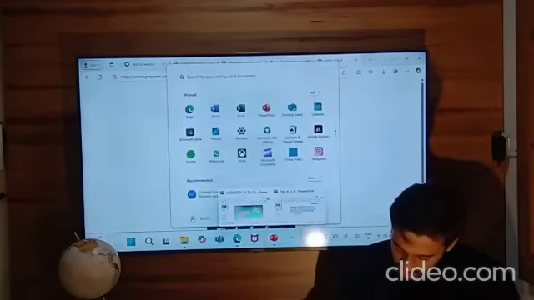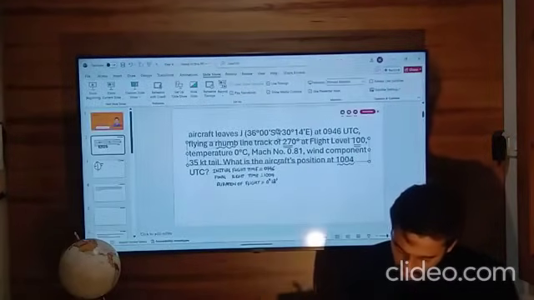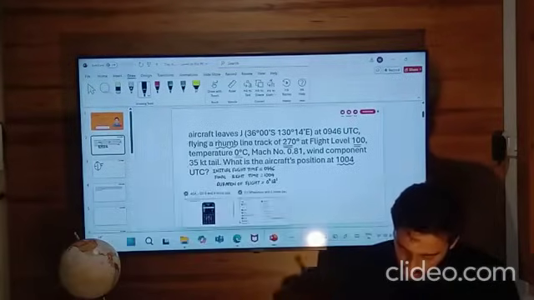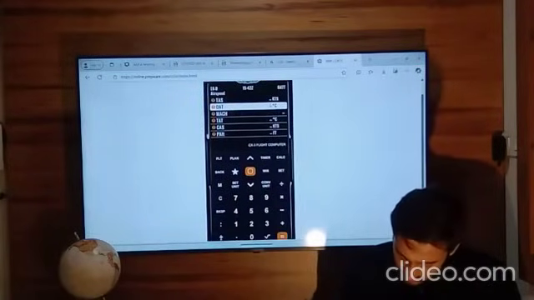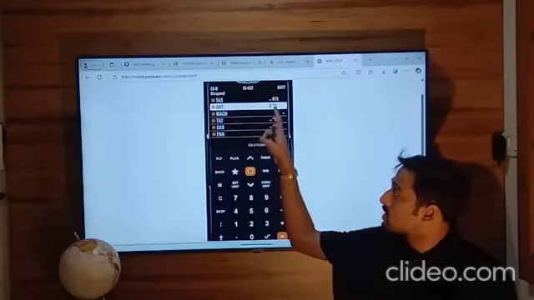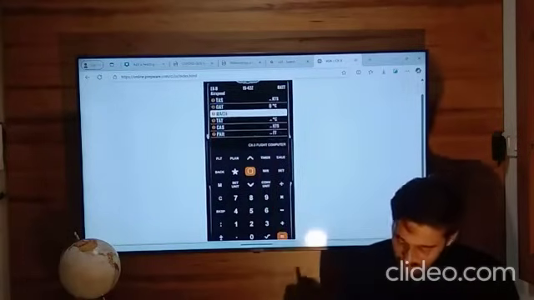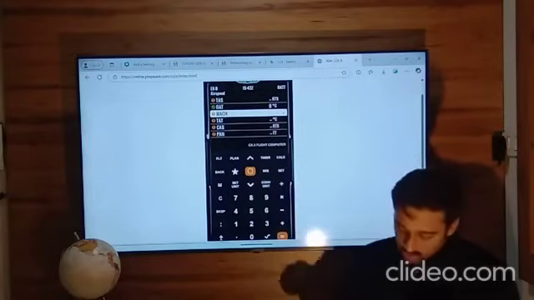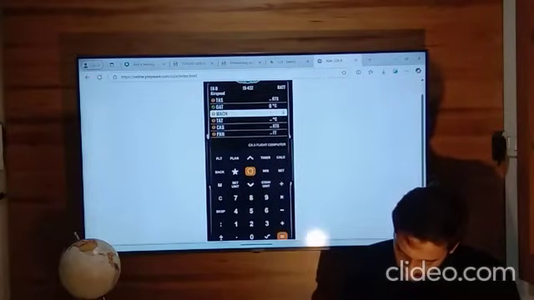Now what is the Celsius given to us? We have a temperature of 0 degrees Celsius. So put 0 degrees in that place. So outside air temperature is 0. Next, press the orange button after putting 0 and come down to Mach. So Mach is 0.81.